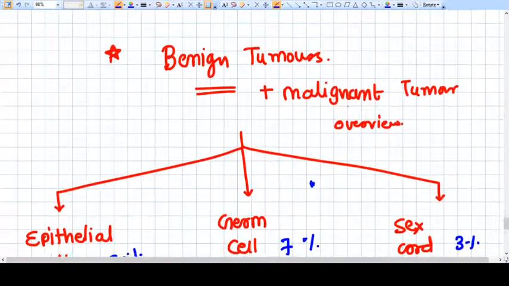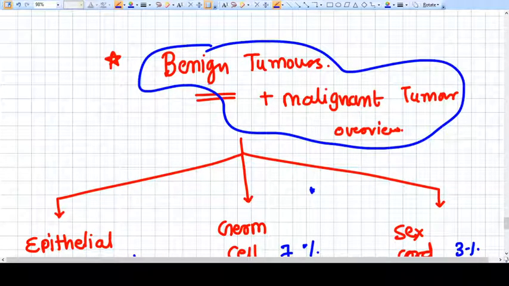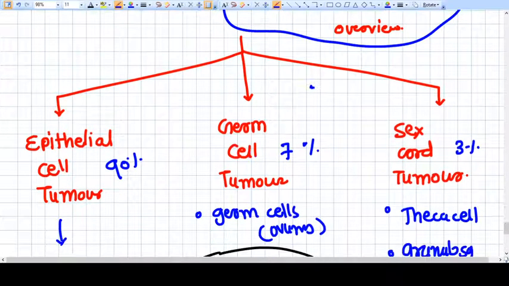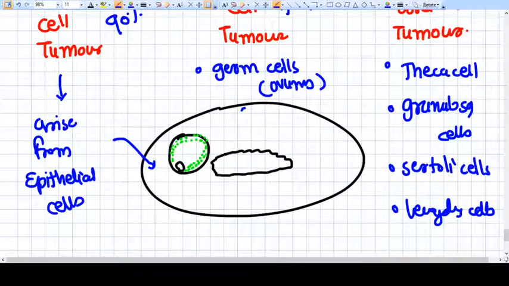Now let's talk about the tumors. Those benign and malignant tumors basically originate from 3 types of cells. If you look at the ovary, there is a cortex, and there is a medulla, which is very poorly developed. Cortex is the only developed part of the ovary, and in the cortex you find various follicles.